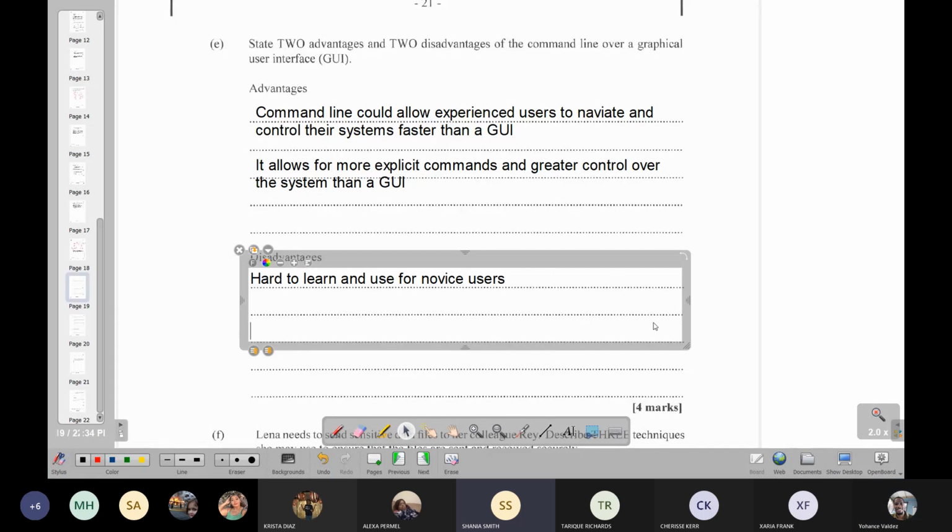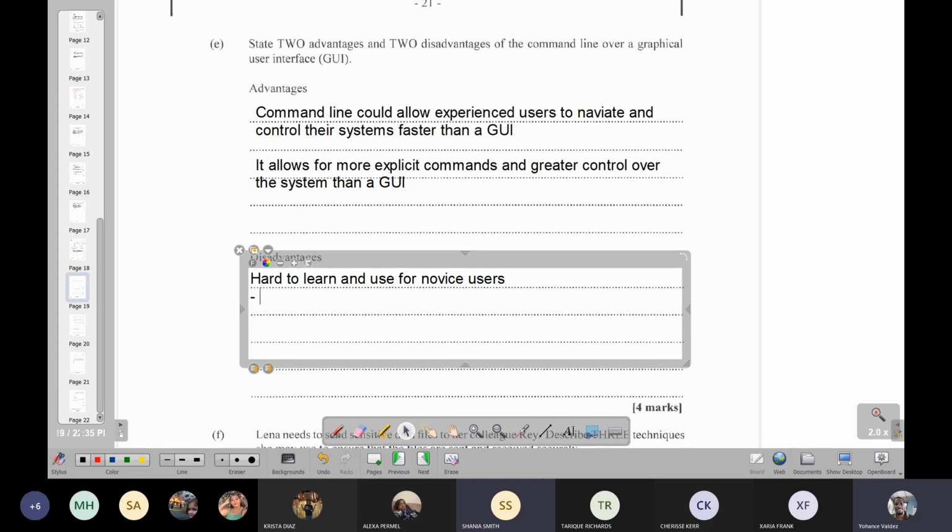I guess in comparison to graphical, it has menus and stuff, so it's easier to use. Good, good. What do you mean, like graphical is easier?